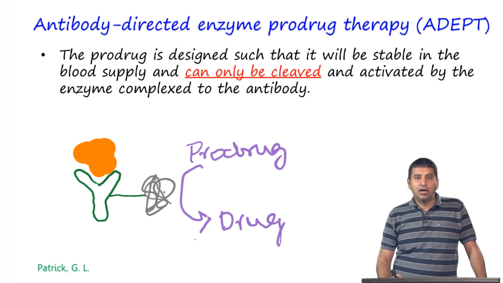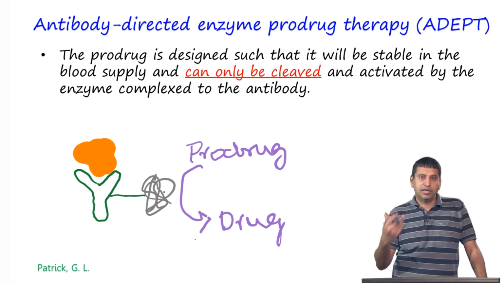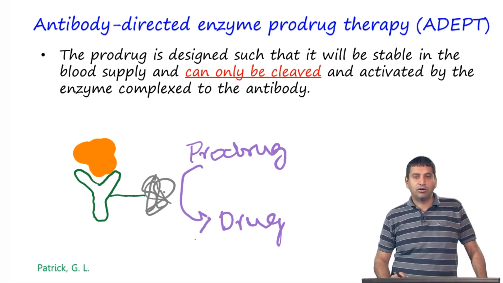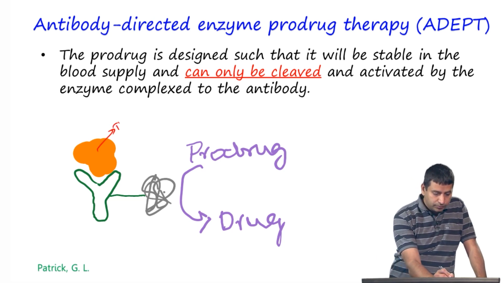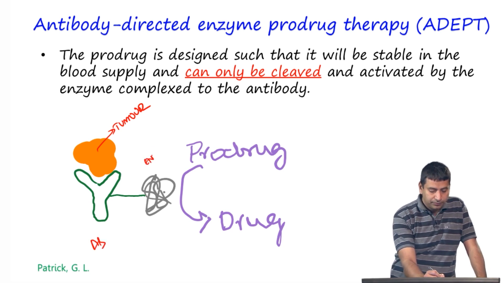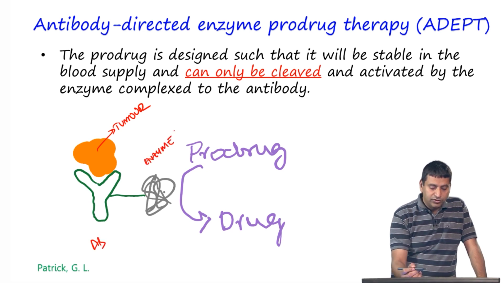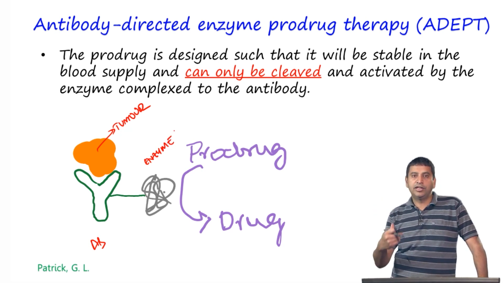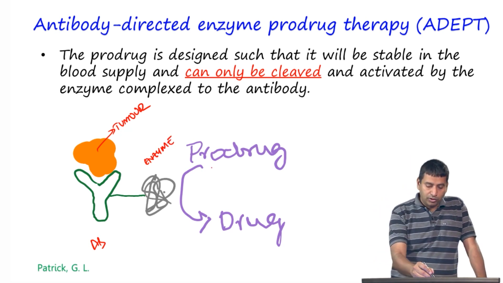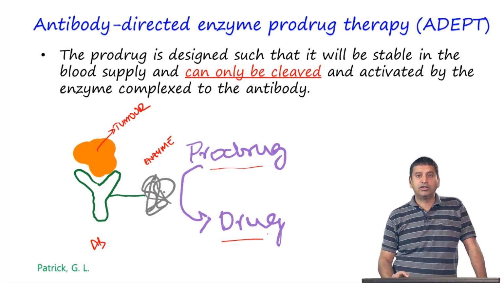Now if you send a prodrug to the site of interest, this is the tumor, this is the antibody and this is the enzyme. Since the enzyme is a catalyst, the prodrug can be activated in situ to produce the actual drug.